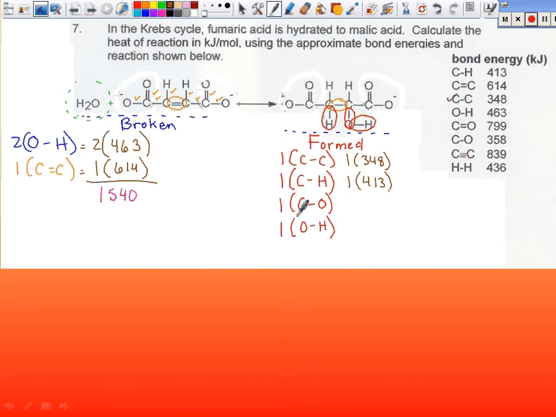Yep, you just figured out what was broken and what was formed. Plug all the numbers in and go. It just takes time. What'd you get? Sarah, did you get a number on this? Okay. But you should know how to do those sheets tomorrow.